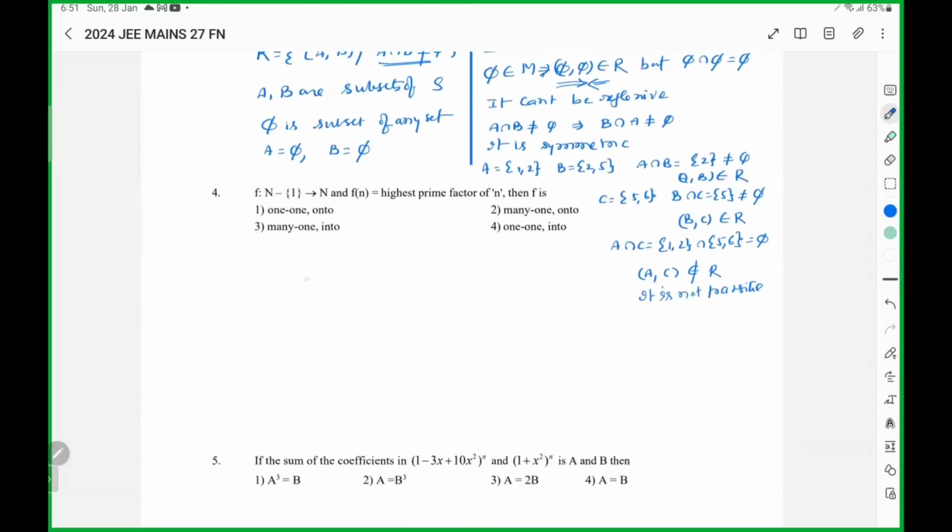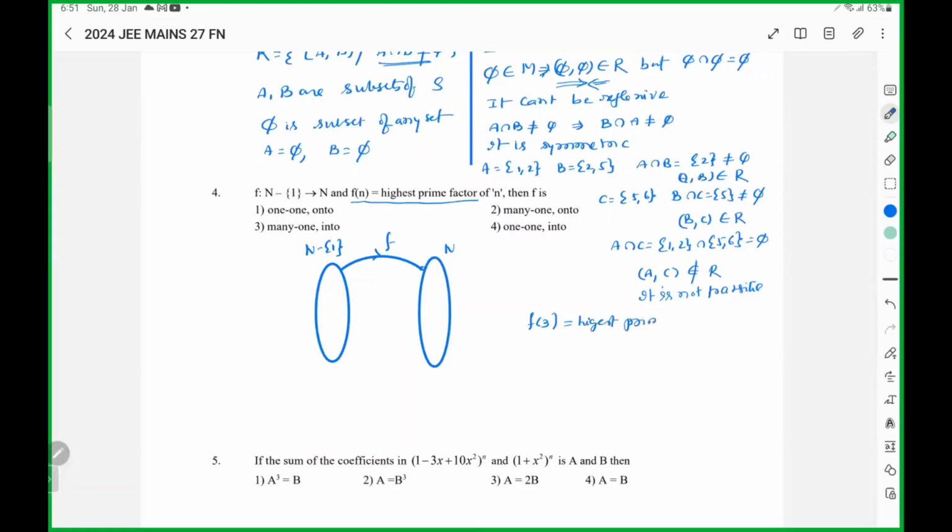Here F is defined from N minus 1 to N. F of n is defined as the highest prime factor. Suppose f of 3, what does it mean?